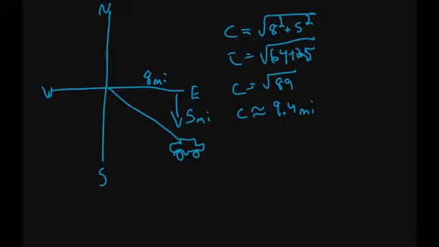So we know how far the car went. Now we need to know what direction it went. In order to find that, we need to use our trig function. We're finding this value right here, we'll call it x. I have the opposite and I have the adjacent, so that means I'm going to use tangent. So the tangent of x equals opposite, which is 5, over our adjacent, which is 8.